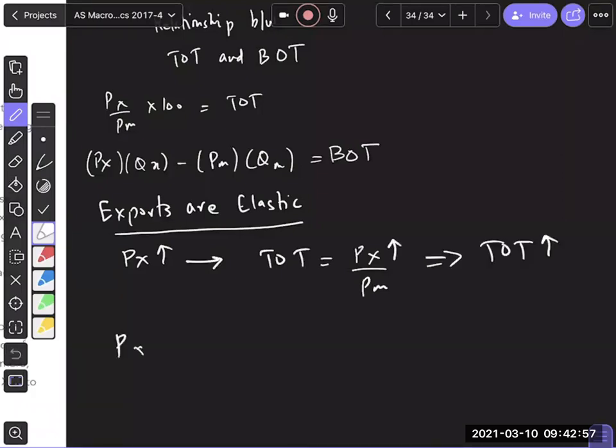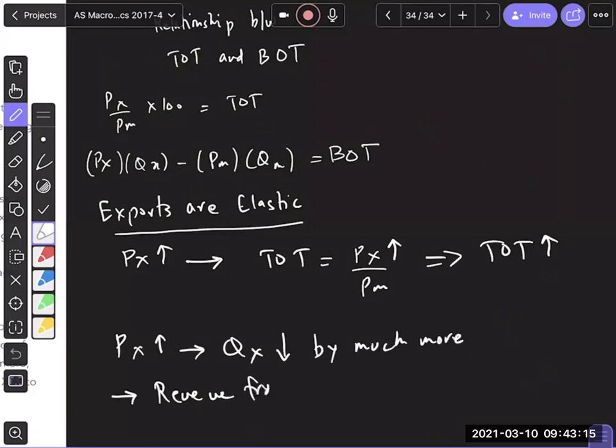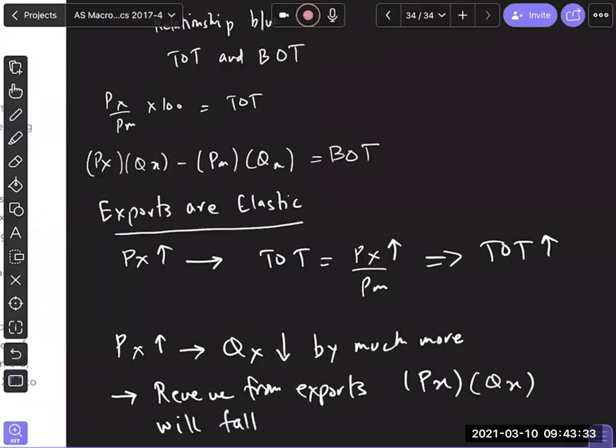But when the price of exports goes up, the quantity of exports will go down by much more. Isn't that true? Which would mean if you look at balance of trade, your revenue from exports, which is equal to PX times QX, will fall.